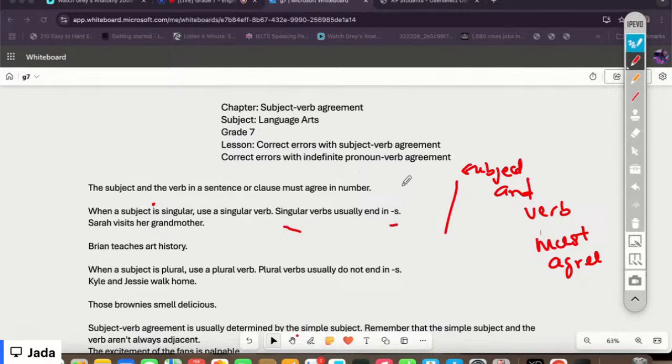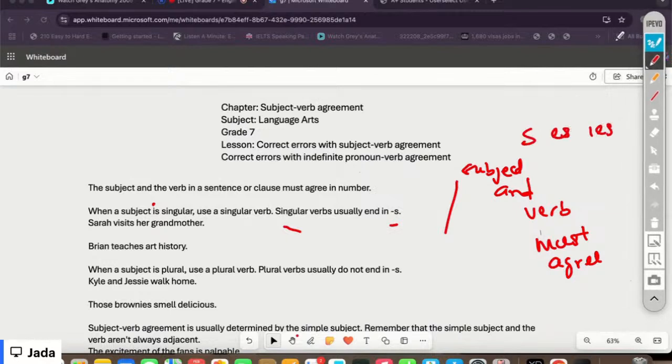So when it is singular, you have to make sure that you use a singular verb, and the singular verb usually ends with s, es, or ies. So the singular verb will end with one of these. Just like we have, Sarah visits her grandmother. You can see that visits has s and the subject is just one, Sarah.